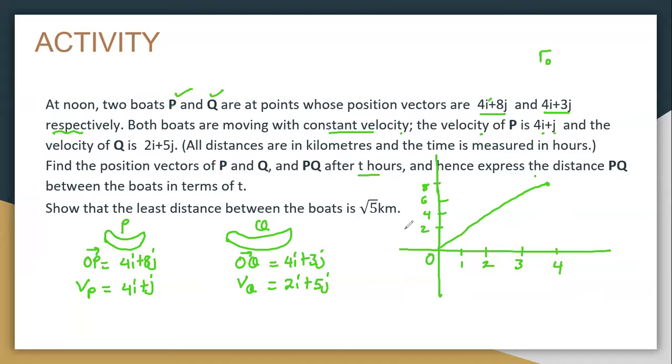Now, you're going to ask yourself, if this was the initial position, this is where P is. This is O to P. But they told us that this boat is moving with a constant velocity. Now, if this boat is to move from this initial position, how can we obtain the distance that it has moved?